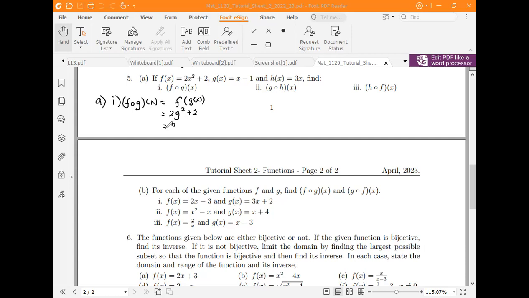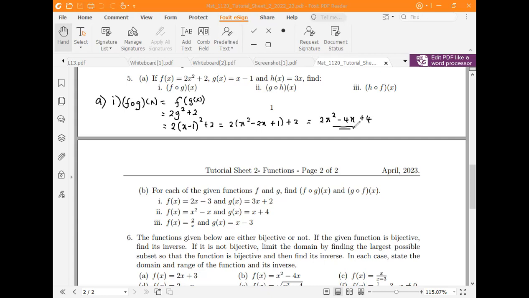This means we'll have 2 times x minus 1 squared plus 2. That is enough. If you want, you can expand to be 2 times x squared minus 2x plus 1, then plus 2. So you work it out, it becomes 2x squared minus 4x plus 2, plus 2, so that is plus 4. You leave it there.